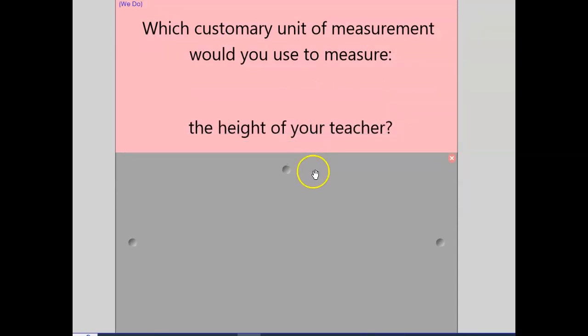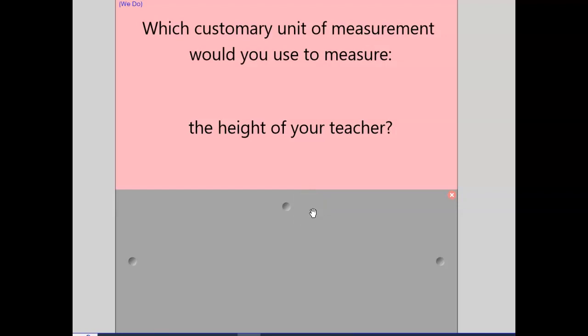Keeping those in mind, let's do some ideas and guesses. What unit of measurement would you use to measure the height of me? Would it be best to use a paper clip? So would it be best to use inches, a sheet of paper, feet, or yardsticks or baseball bats for yards? Well, if you think about it, when you go to the doctor, they measure it, and they usually say that a person is this many feet and this many inches long.